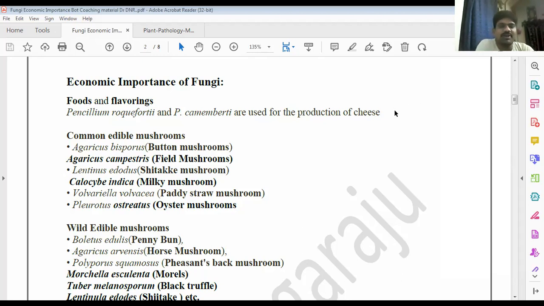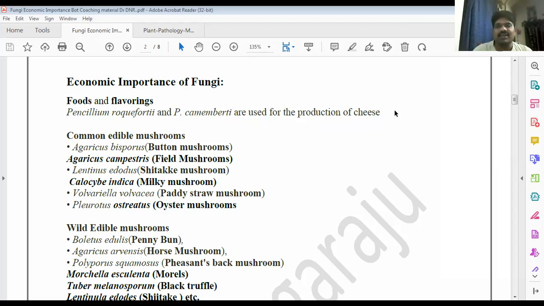Very important topic. So many times, so many questions are raised from this economic importance of the fungi. From edible fungi to microbes, so many questions arise from the economic importance of fungi in agriculture, industry, medicine, environment, in all the aspects, food industry.